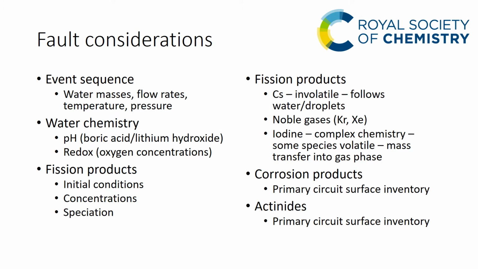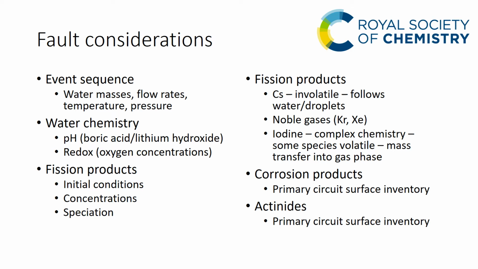So when considering faults, we look at the event sequence. In other words, the water masses in the system, the flow rates, temperature and pressure. We consider the water chemistry, that's the pH, in other words, the boric acid, lithium hydroxide, and the redox conditions with the oxygen concentrations.